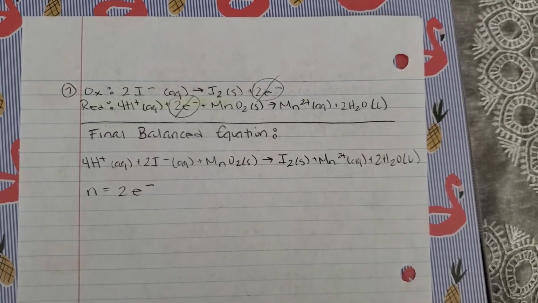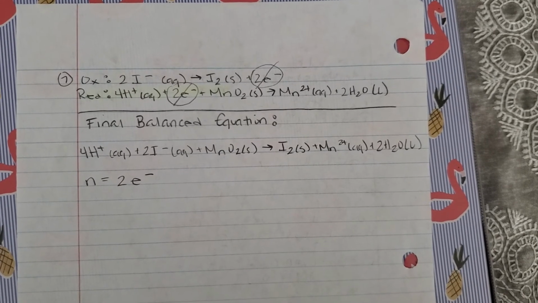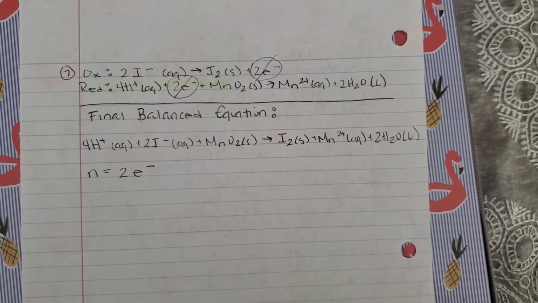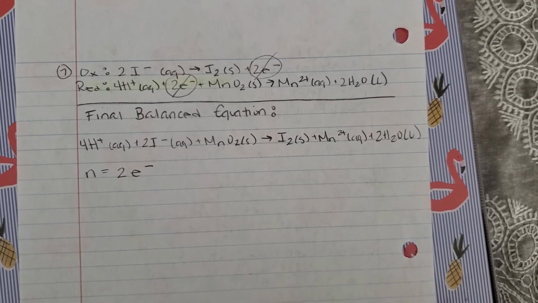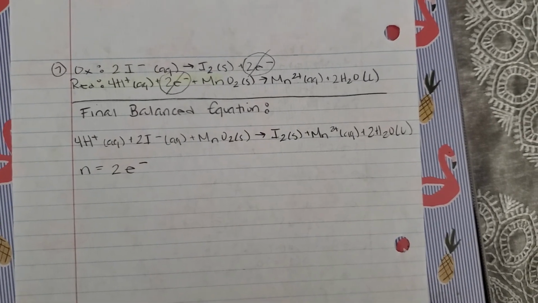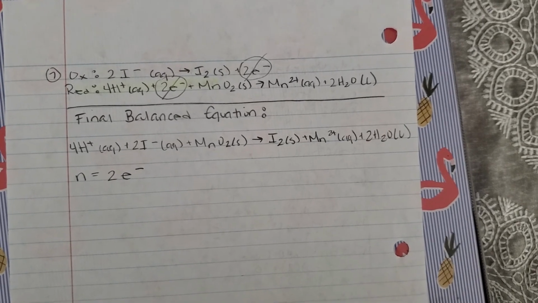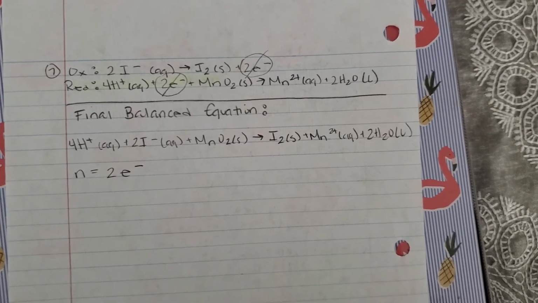So that lets us know that our final balanced equation is going to be 4H+ plus 2I- plus MnO2 goes to I2 plus Mn2+ plus 2H2O. And then our n is going to be 2 e- because those are the amount of electrons that were lost and gained and that were canceled out.